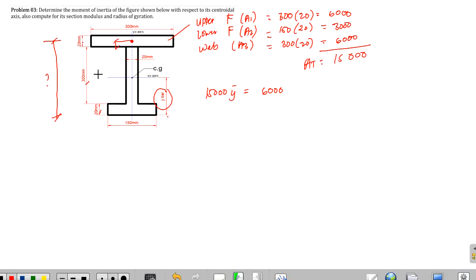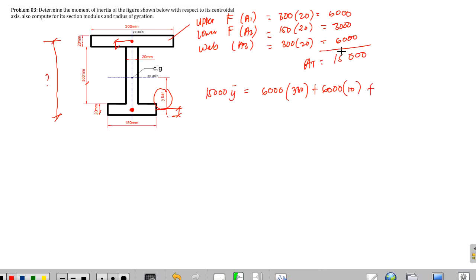So 330, times 330, plus the lower flange, area times the distance. The distance of the centroid of the lower flange from the bottom is 10, so times 10.